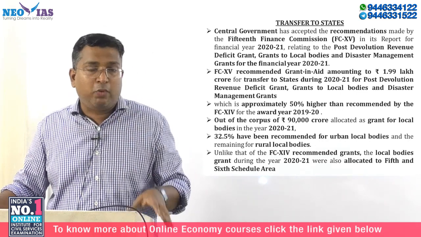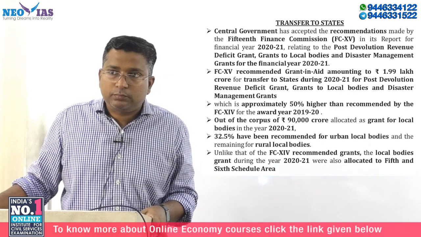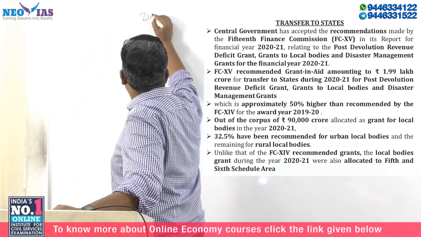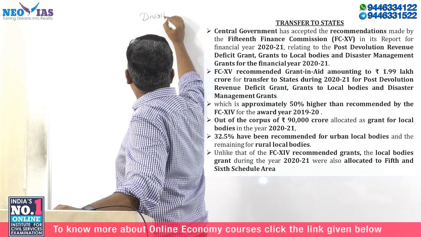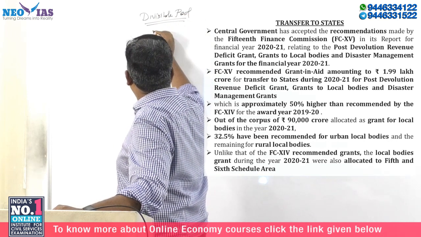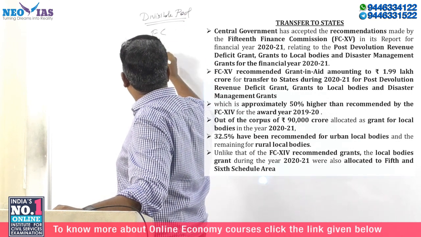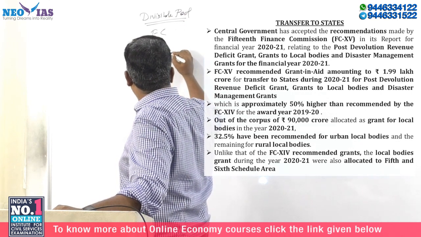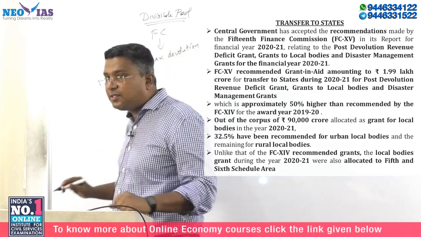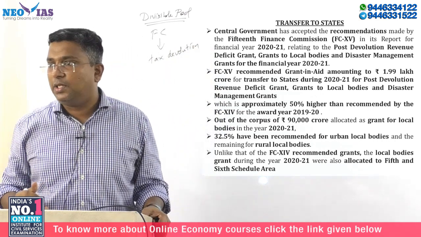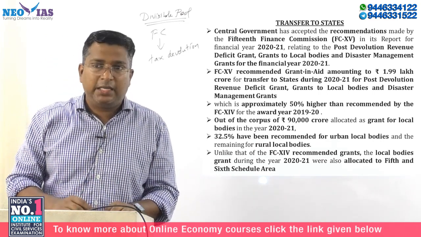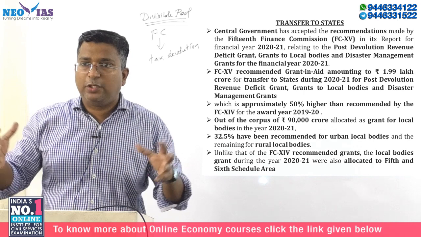Now, I want to tell you one very important thing, okay. From the divisible pool only, Finance Commission recommends. So when we talk about tax devolution, this is one of the major functions of Finance Commission, to recommend how much of the central tax revenue is to be transferred. See, that we told, na?